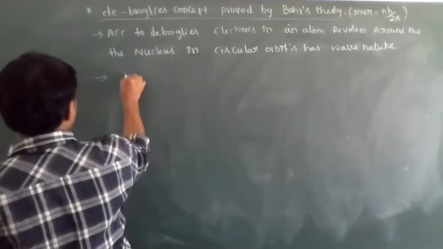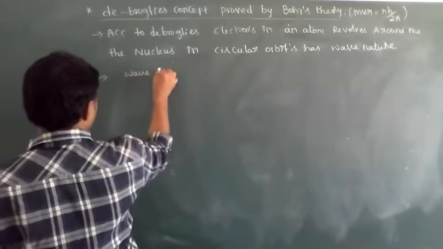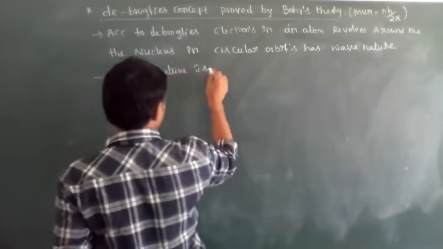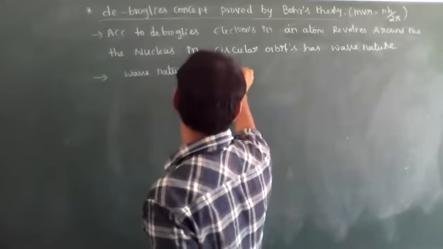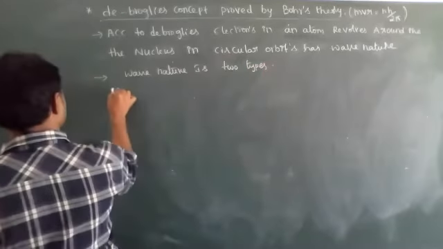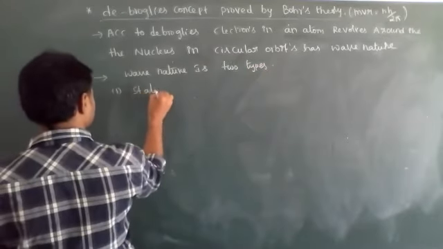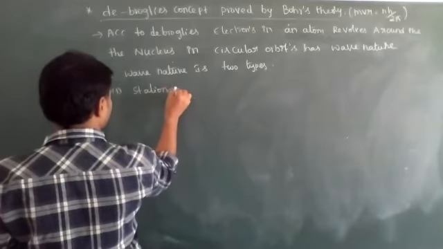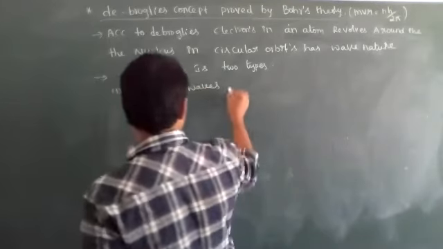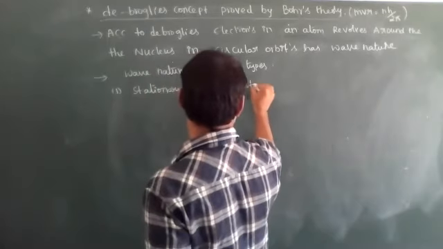The wave nature is of two types. The first one is stationary waves, or standing waves.